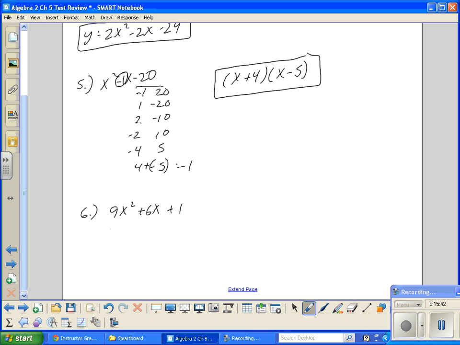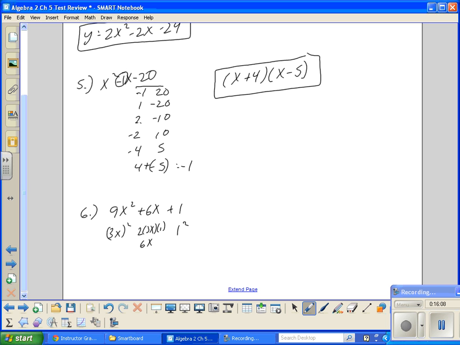That's the same thing as 3x squared, and the last one is 1 squared. We can check to see if it's a perfect square binomial by seeing if the middle is 2 times this term times that term. And 2 times 3x times 1 would be 6x.